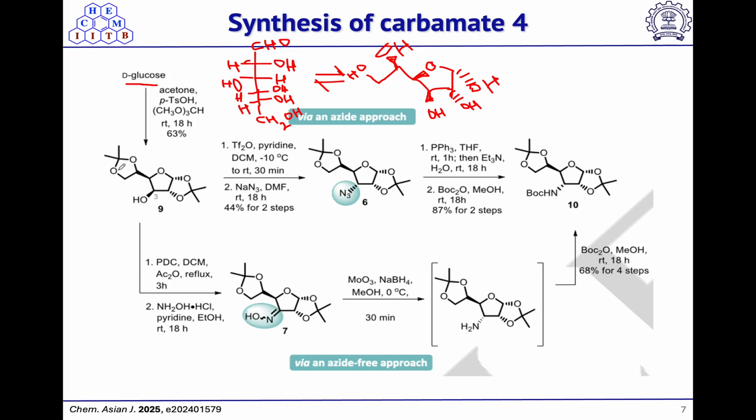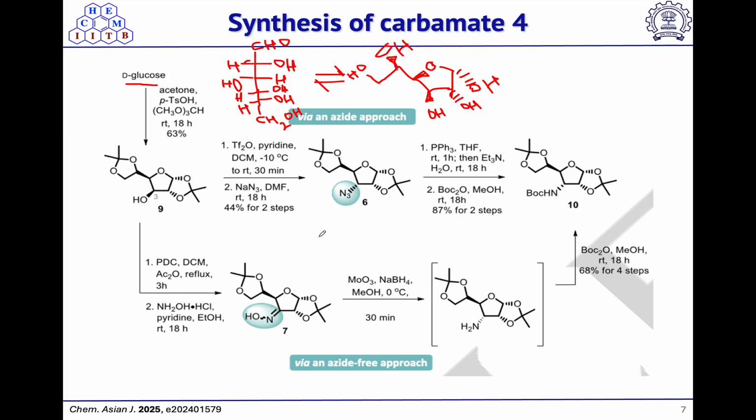This is one acetonide, and this is another acetonide. And if you see, here one alcohol is primary, and here both alcohols are secondary. So we'll call this acetonide a primary acetonide, and this acetonide a secondary acetonide. So we are getting this compound 9 from this D-glucose, right? Any doubt? Okay, no problem.